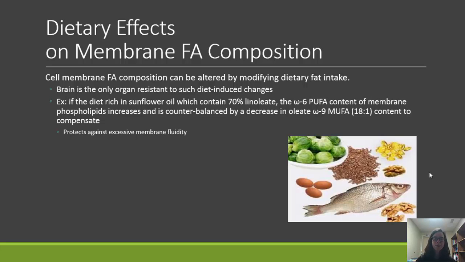And this is counterbalanced by a decrease in the omega-9 content in order to compensate. So with our PUFAs and our MUFAs, basically we are incorporating these into our cell membranes, but our body knows enough to, okay, when we put this PUFA in, we need to take this MUFA out because we don't want to have excessive membrane fluidity. It's good to an extent, but we can overdo it. So our body kind of has that natural check and balance.